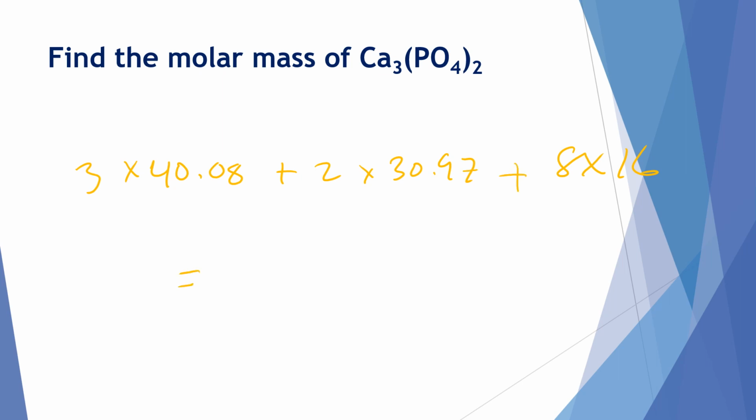So 3 times 40.08 plus 2 times 30.97 plus 8 times 16. Yeah, this is a big number. So 3 times 40.08 is 120, so it makes sense. Plus 2 times 30.97 plus 8 times 16. So yeah, 310.18 grams per mole.